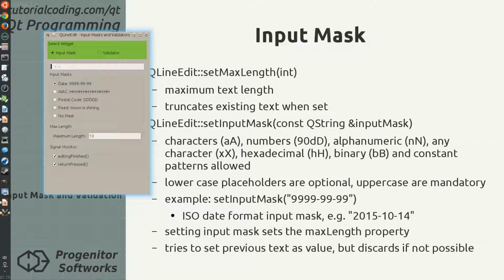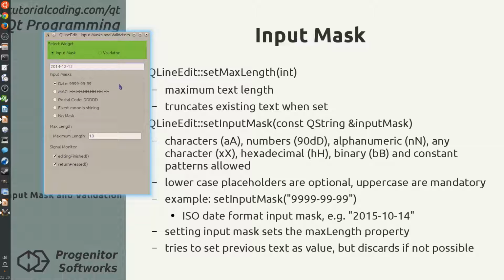So I can enter a valid date, and when I hit the enter key, the editingFinished and returnPressed signals are emitted. When I remove 2 characters and do the same, these signals are not emitted because the value in the LineEdit is not complete based on the pattern, because it expects mandatory numbers at the end too.